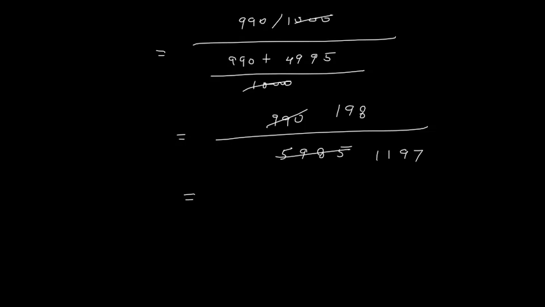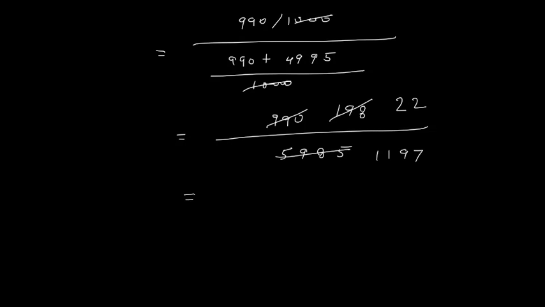So 9 plus 1 is 10, 10 plus 8 is 18. Here 1 plus 1 is 2, 7 plus 2 is 9, 9 nines are 18. So with 9 I can cancel them. So 9 with 9 I will cancel. 9 twos are 18, 9 twos are 18.